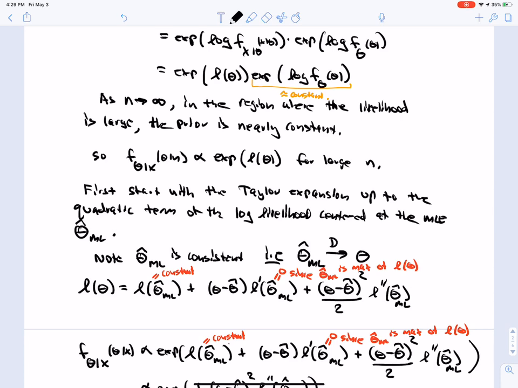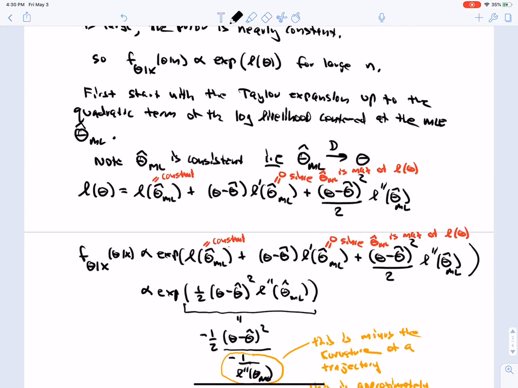Now when we do this, the log likelihood is a constant plus 0 plus this second order term. The first-order term is 0 because theta hat is the max of the log likelihood, so the first derivative at the MLE is 0.